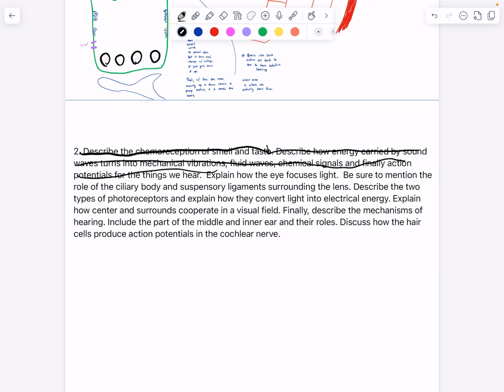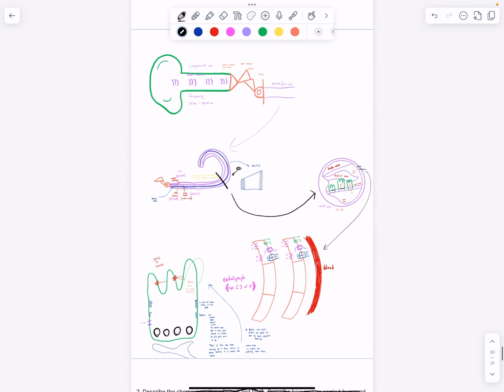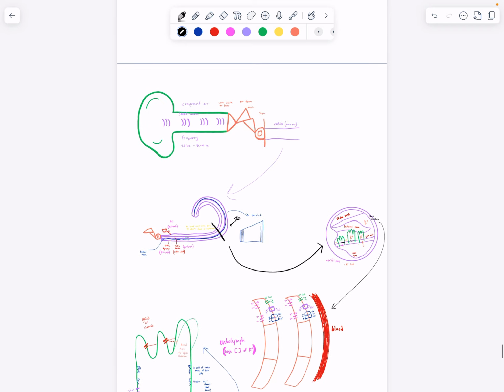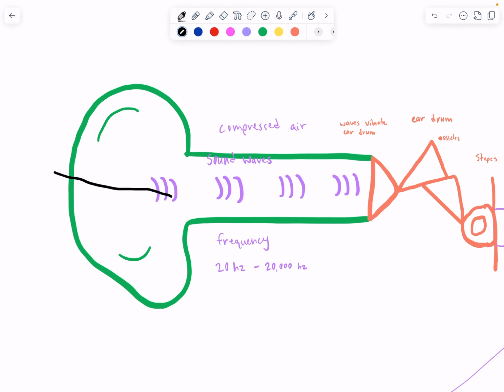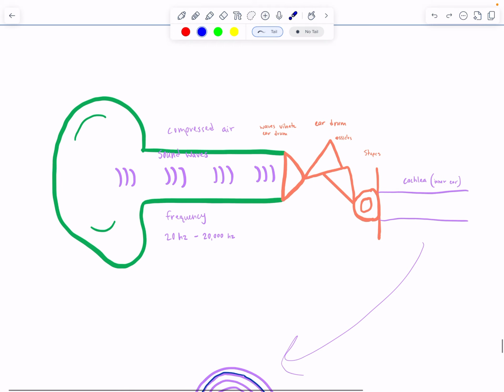Okay, so with the ear, sorry, these drawings aren't as neat. I didn't rewrite them yet. What happens is that when we hear something, sound goes into the ear and gets compressed into sound waves, or into this canal, at different frequencies.